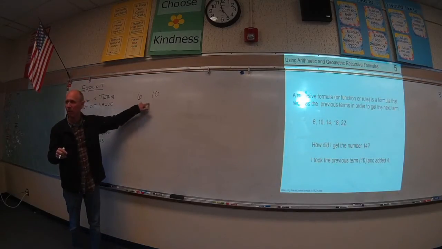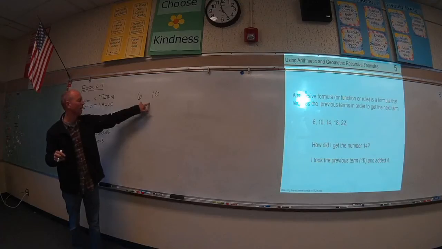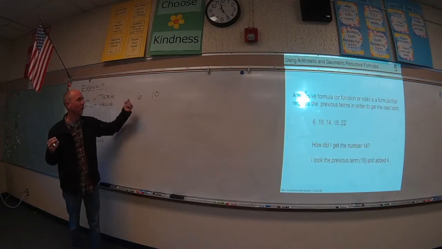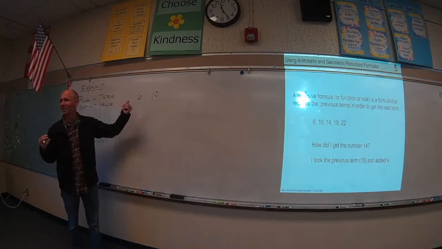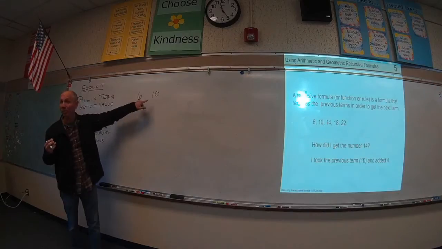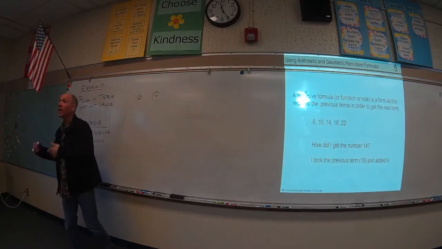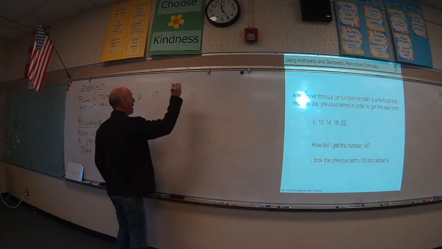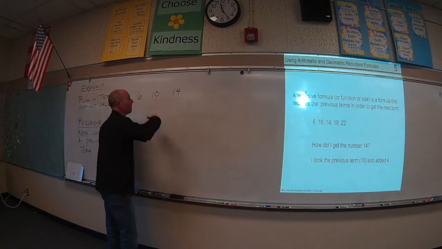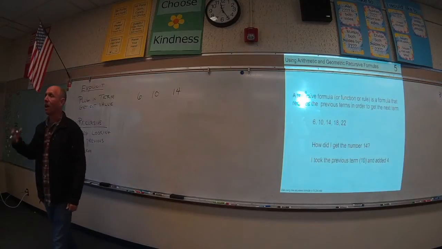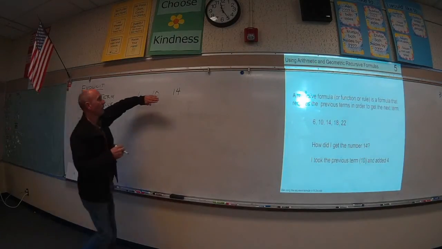Am I going up by 4 or am I multiplying by 1.66 repeating? I need another term to find out. I'm at 14. Okay, so what's going on? Up by 4.